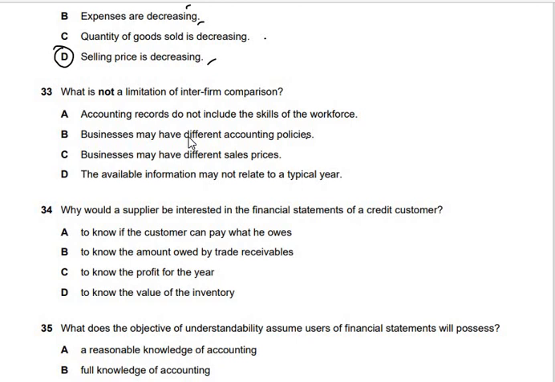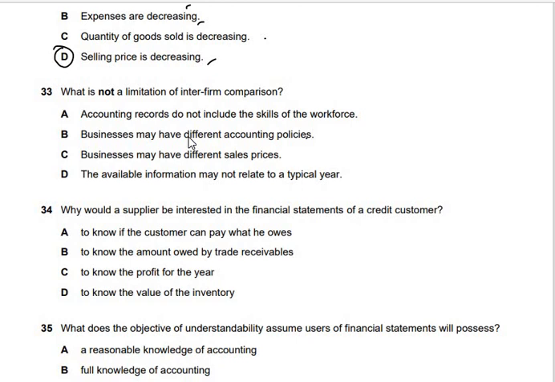Because different accounting policies would make us unable to compare business A and business B. For example, business A is using a different accounting year, or the way they are depreciating the asset is different.